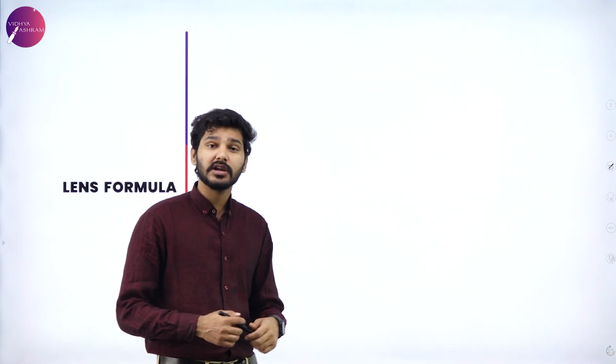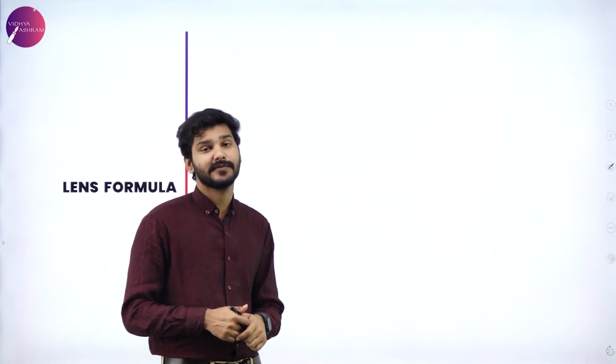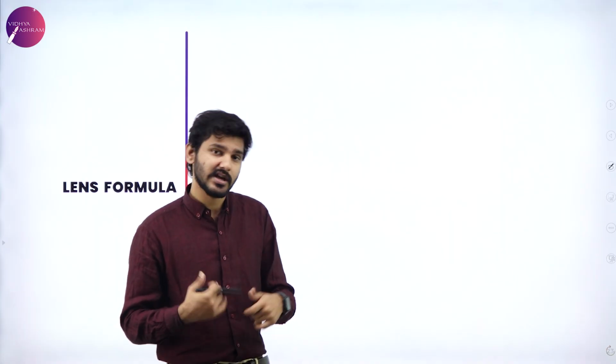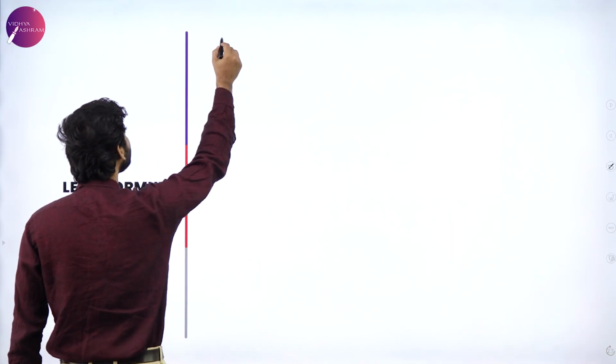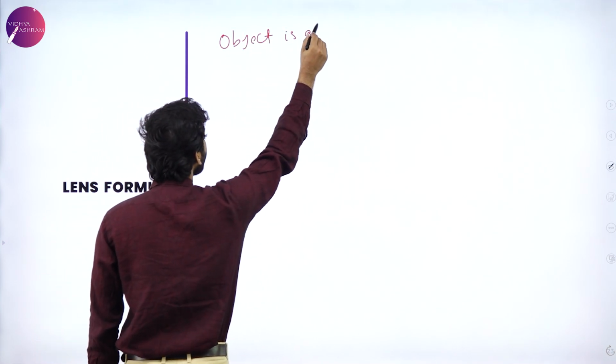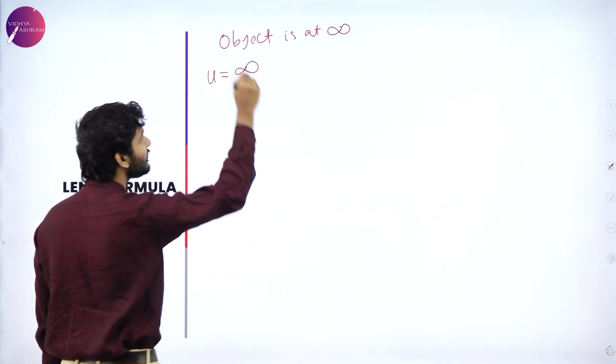Similarly, we have one more equation to find out, and that is known as the lens formula. This happens as a special case of the previous equation we just derived. So what happens when the object is at infinity? When the object is at infinity, then U will be equal to infinity.